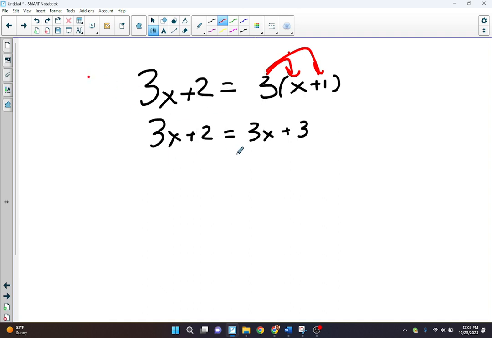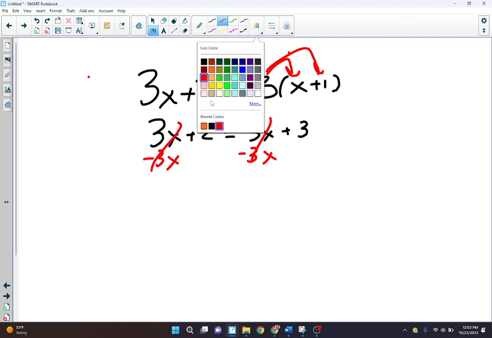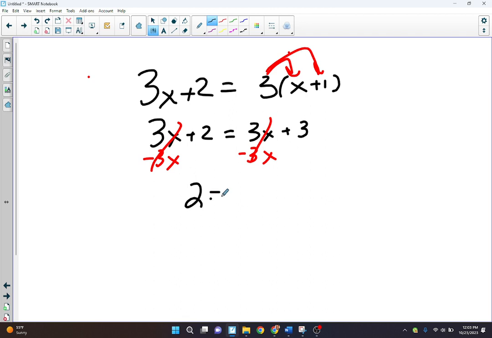Now the smallest x between these doesn't exist. So I move both, negative 3x, negative 3x. This crosses out. In this scenario, I get 2 equals 3. Keep in mind, 2 can never equal 3. There's no number that can make that happen. So because you got a false statement, 2 is never equal to 3, this is no solution.